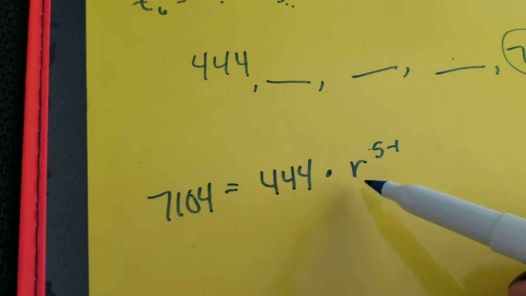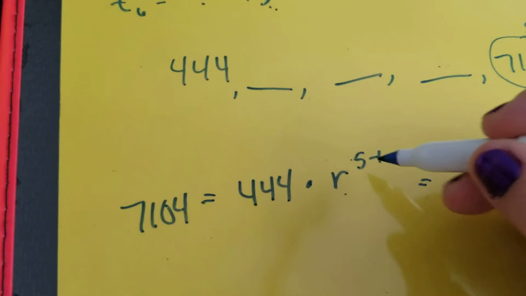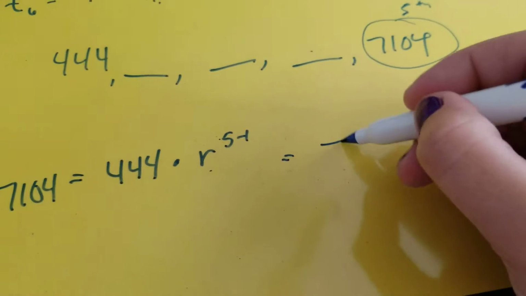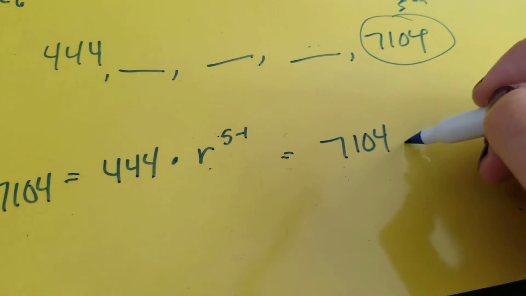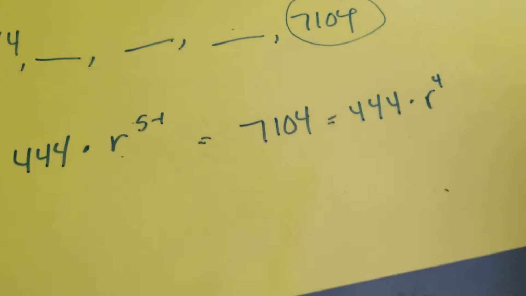Okay, so now I'm just going to solve for r. So I have 5 minus 1, which is 4. So 7,104 equals 444 times r to the 4th power.